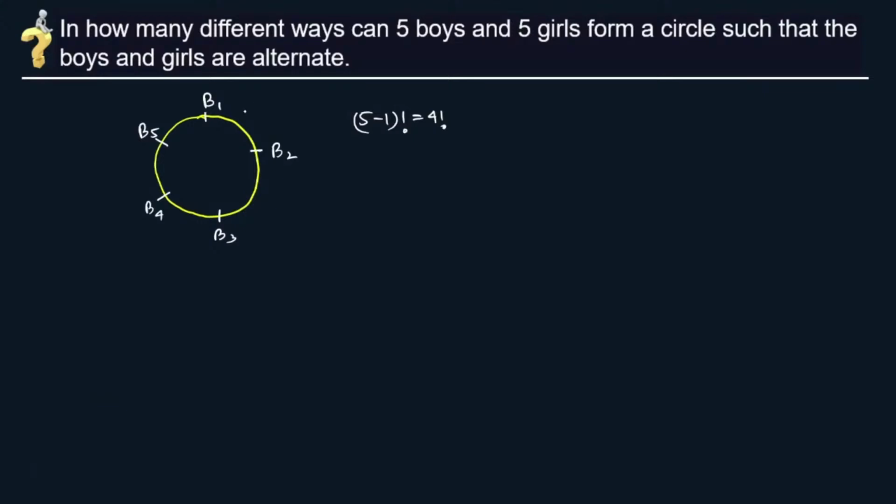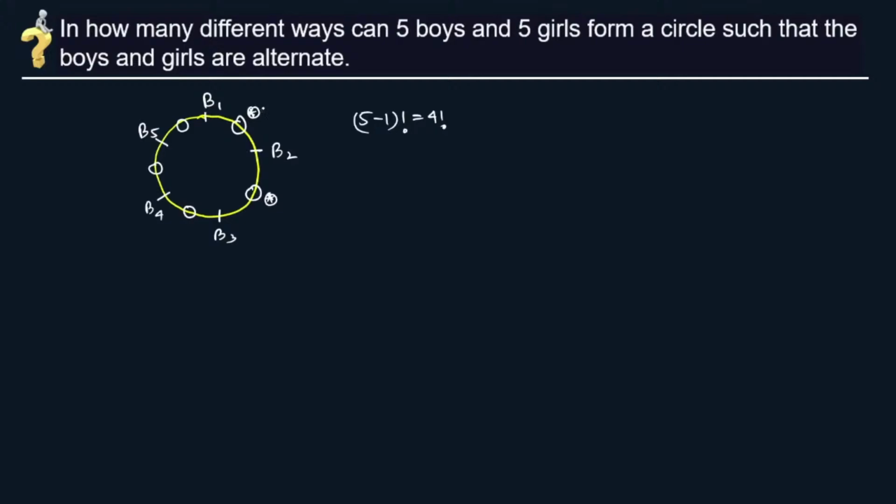Why? Because the moment the boys take their places, whatever seats are vacant in between are now defined. Why is that defined? Let us say these are the 5 seats in between. Now this seat is different from this seat. Why?